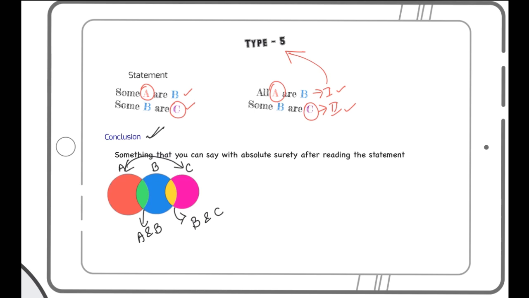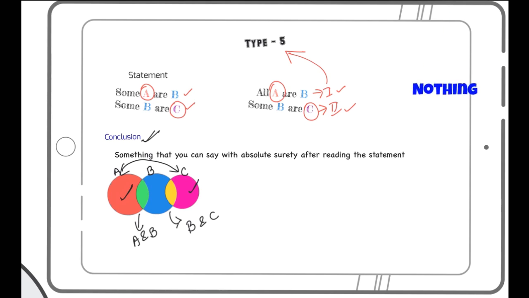You can't say anything, because A is a separate quantity here and C is a separate quantity here. This red is separate and the pink is separate. What is the relationship between A and C? Nothing. And this nothing says something about my type 5.